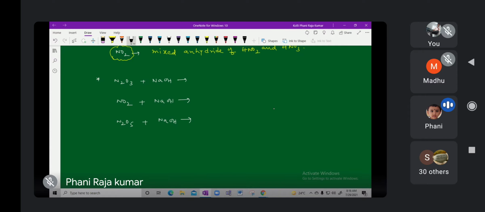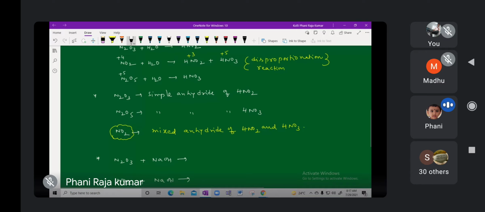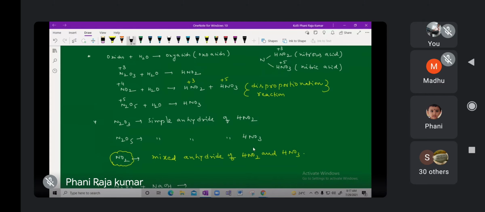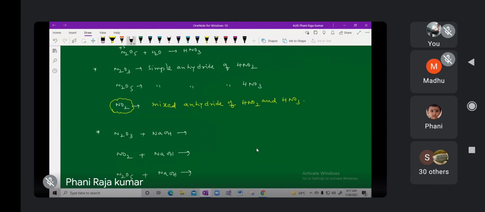This is an acid-base reaction: acidic oxide plus NaOH base gives salt plus water. In the N2O3 case, the salt corresponds to nitrous acid. N2O5 gives the salt corresponding to HNO3. Whereas NO2 gives salts corresponding to both nitrous as well as nitric acid.